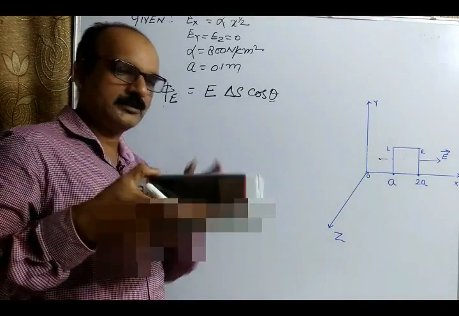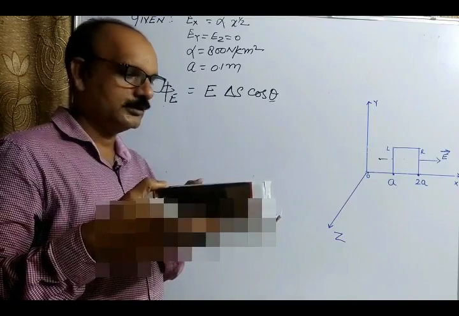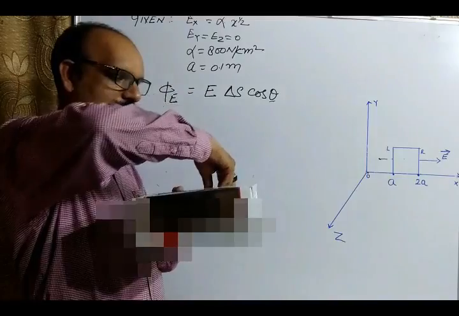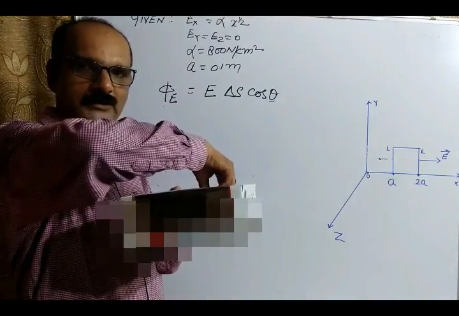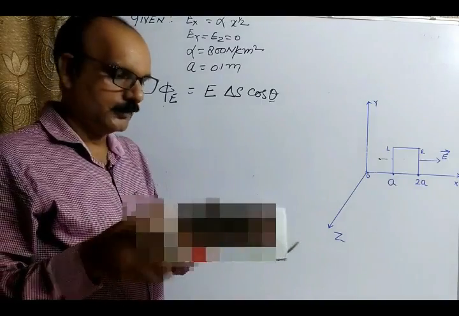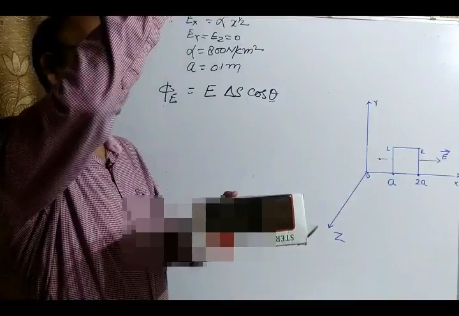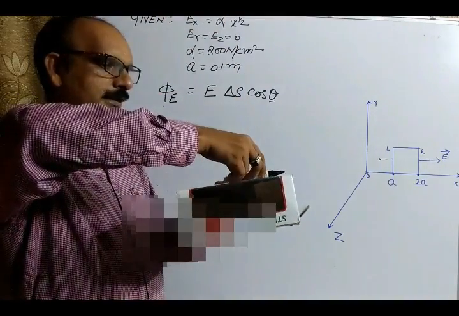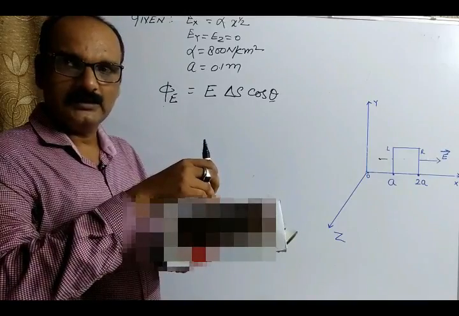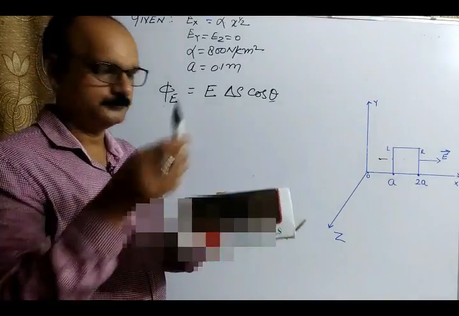For this surface, for its opposite surface also, what will happen? This is the direction of electric field and this is the direction of the area vector. Theta again will be 90 degree, flux will be 0. For this surface, area vector upward direction, field in this direction, how much will theta be? 90 degree, and flux will be 0.